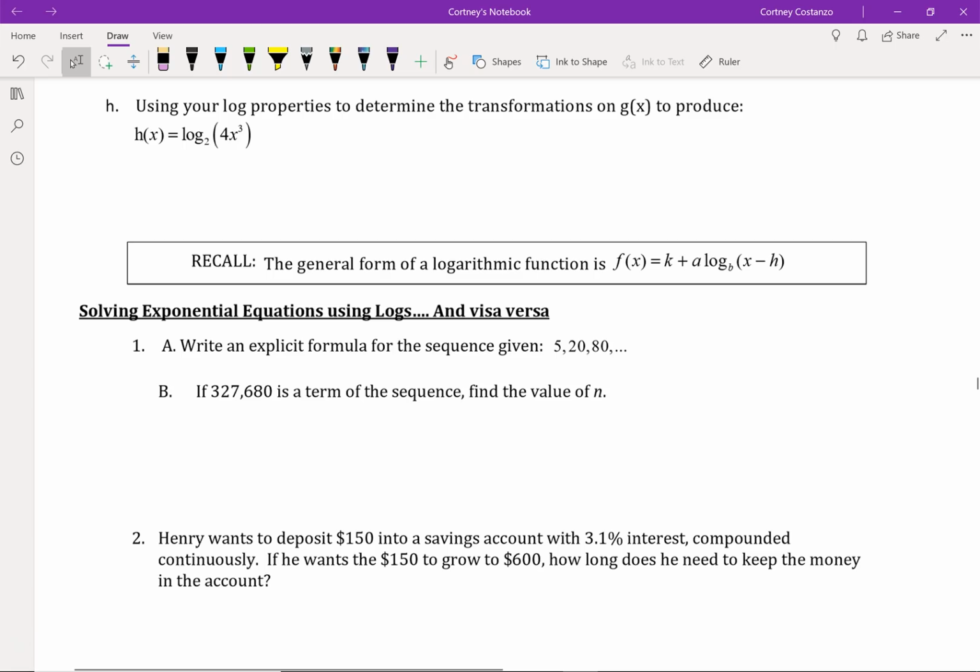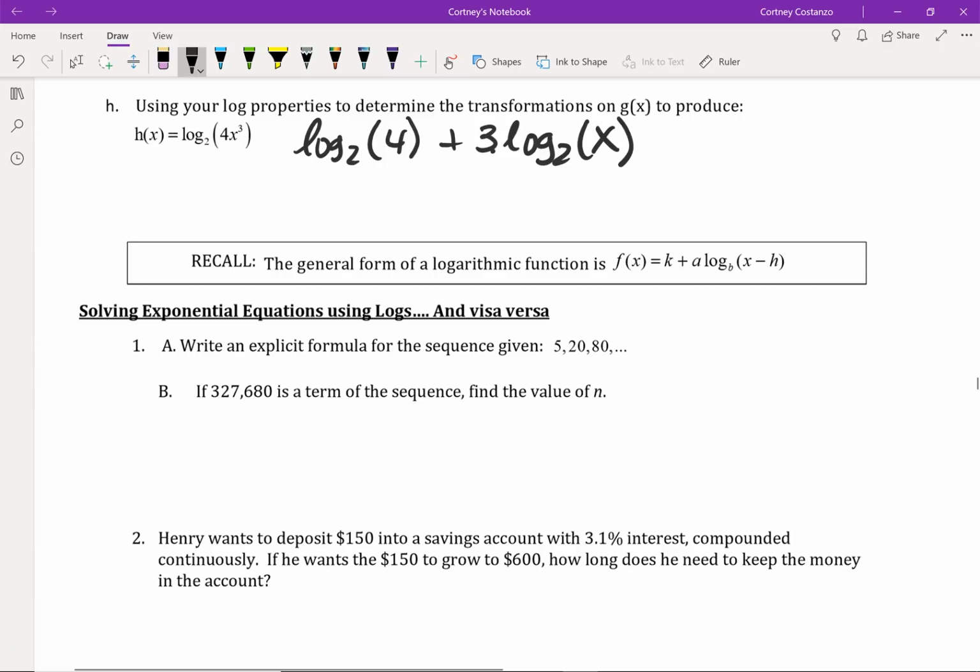All right, so using our expanding and condensing, I'm jumping down to letter H now. It says using your log properties determine the transformation. So I notice again that this is in terms of a single log, so I want to expand it to the best of my abilities. So if I expand this, I have log base 2 of 4 plus 3 log base 2 of x.